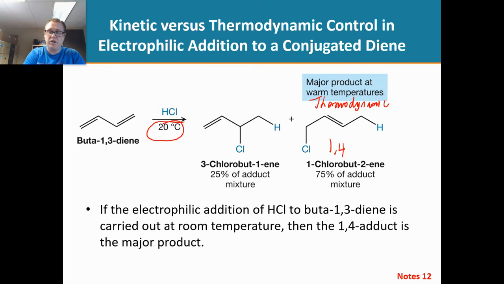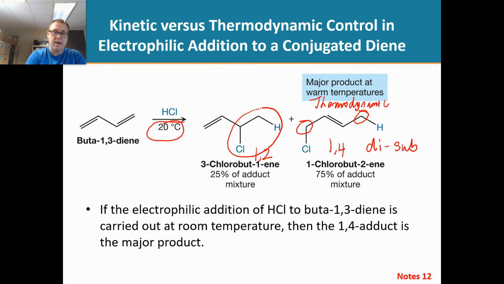Because when we compare the two, we can see that the 1,4 product has a di-substituted alkene. There's our alkene, and we can see that it has two alkyl groups attached to it. And we've learned in Orgo 1 that the more substituted an alkene is, the lower in energy, the more stable it is. When you look at the 1,2 product, we see that this alkene is a monosubstituted alkene.